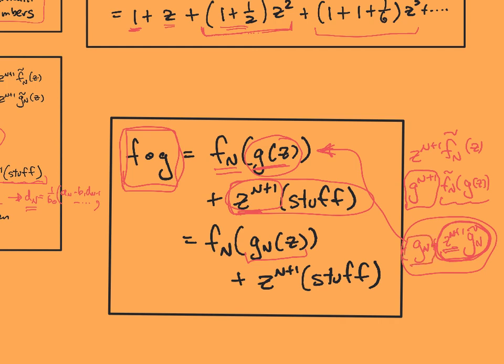So I only need to compute the composition of fn with gn, and this is just a composition of polynomials, which is just an algebraic operation. So to compute the nth coefficient of the composition is just a straightforward algebraic thing. And although we know it is analytic and therefore has to have certain convergent properties, this just shows us that it's just an algebraic operation.